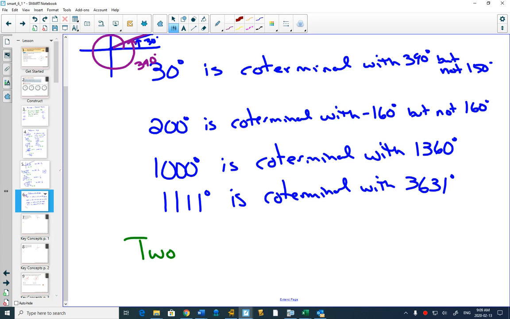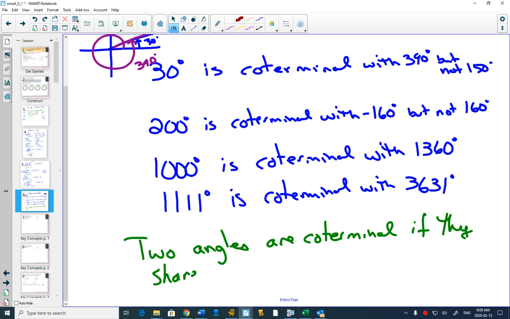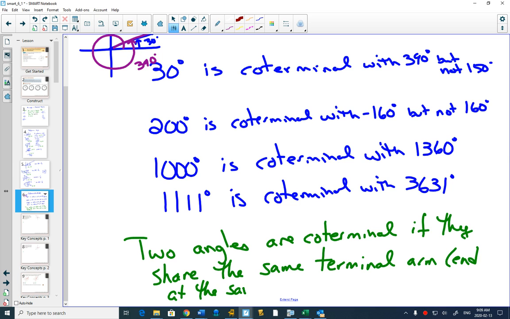Two angles are coterminal if they share the same terminal arm. That means that they end at the same place.